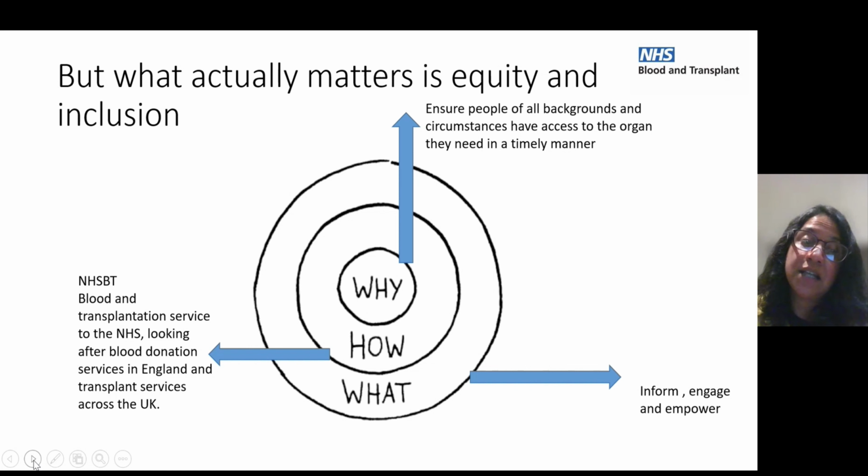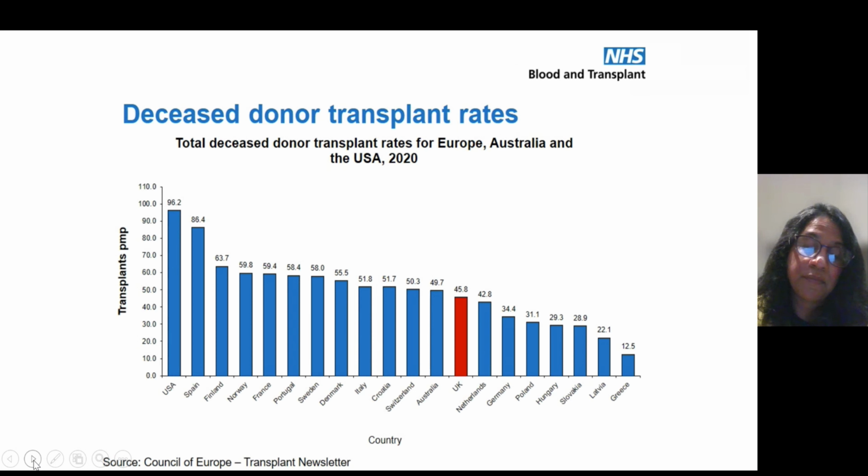This work is done by NHS BT, which is NHS Blood and Transplantation. It's a national service in the United Kingdom, which facilitates donation and coordinates transplantation. And we do so by informing, engaging, and empowering our communities.